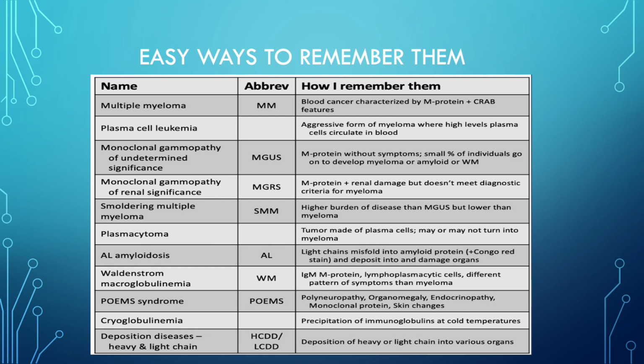Then we have POEMS syndrome, which stands for P for polyneuropathy, O for organomegaly, E for endocrinopathy, M for monoclonal protein, and S for skin changes. Cryoglobulinemia is the precipitation of immunoglobulins at cold temperature. Then we have deposition disease, which can be light chain or heavy chain, depending on what is depositing. It is the deposition of these heavy or light chains into various organs.